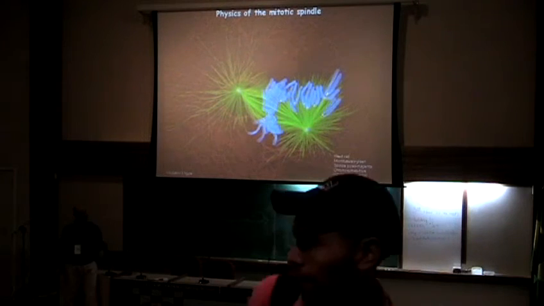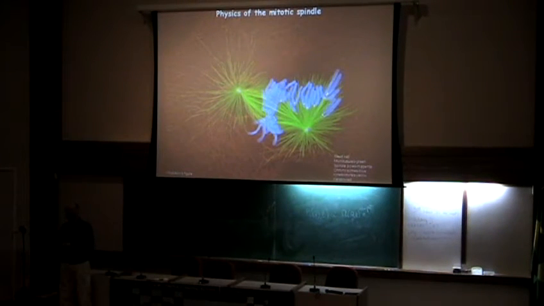I could talk in principle about cell migration or some other biological machines, but I figured it's better to just concentrate on one of them and look at many different models, see what physics can contribute to the study of this thing. So, the mitotic spindle.